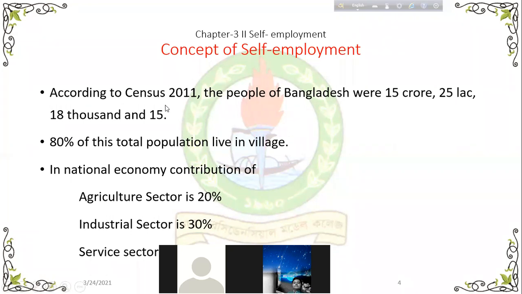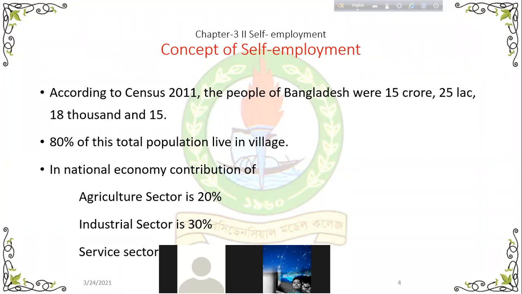According to the census of 2011, the people of Bangladesh were 15 crore 25 lakh 18,015. Census means counting population, and it is held every 10 years in Bangladesh. Though now the people of Bangladesh are more than 18 crore.